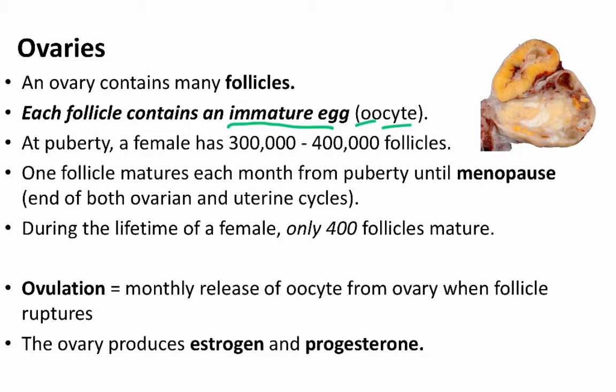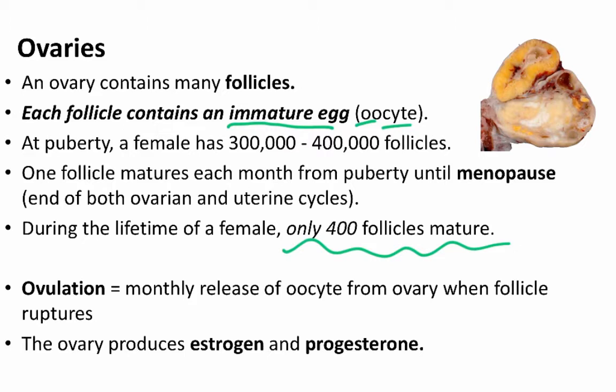Once a girl has reached puberty, the egg in one follicle matures every month until menopause. So during the lifetime of a female, only about 400 follicles mature.